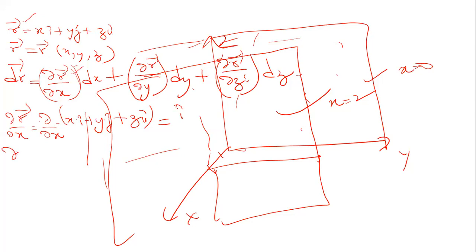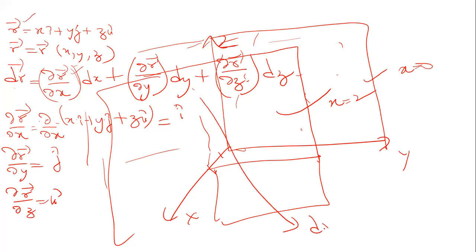Similarly, del r upon del y, you will get it as j cap. Del r upon del z, you will get it as k cap. So therefore, from this relation, your dr vector in this case will be i dx plus j dy plus k dz. All right. So that's how we get this arc length dr here in the Cartesian system.